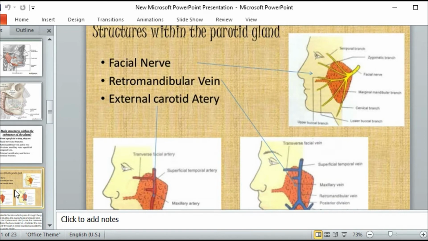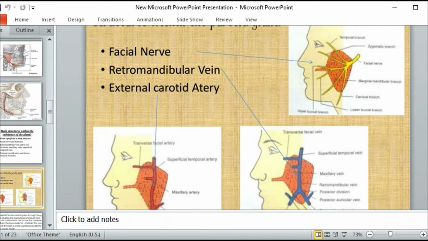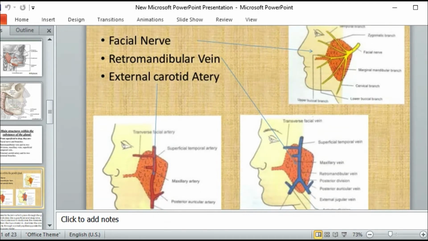The important one, the facial nerve and its five terminal branches. Another thing, structures that is very important and passing through the parotid gland, it's retromandibular vein. The retromandibular vein also passing through the parotid gland.